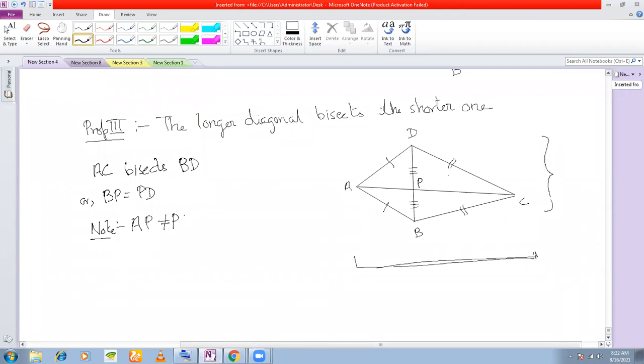That means the shorter one does not bisect the longer one. The shorter diagonal does not bisect the longer diagonal.